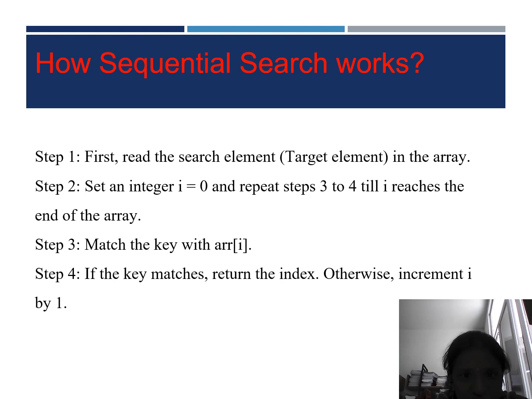Then we match the key with array of i, first array of 0, then incremented to 1, array of 1, then array of 2, and likewise up until the end of the array. The last step: if the key matches, we return the index in which the key is present. If the key is not present anywhere in the array, we return not found.